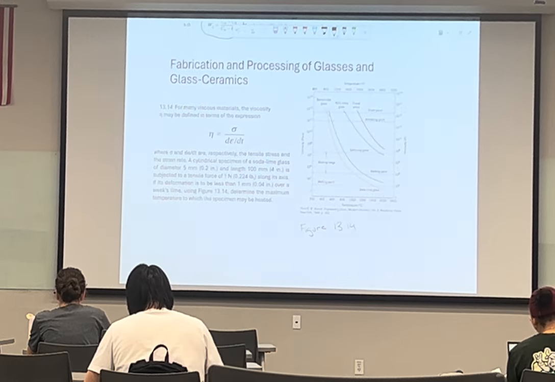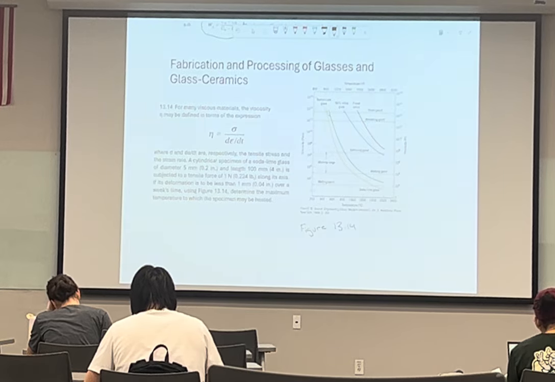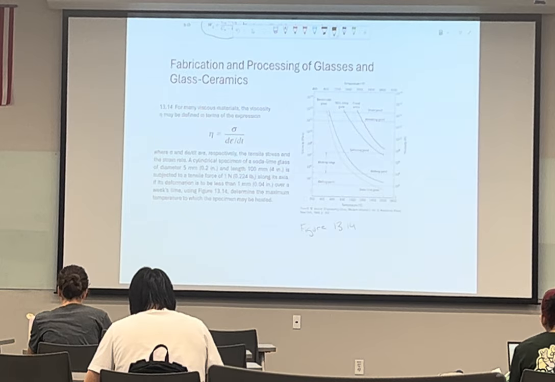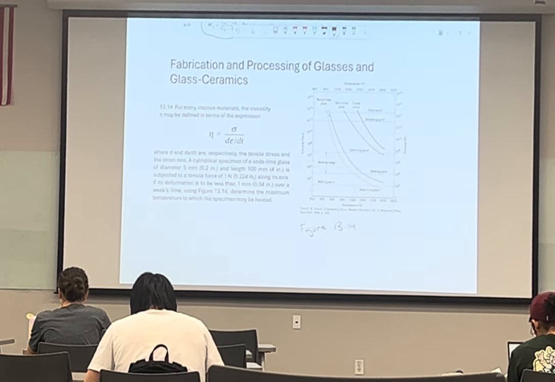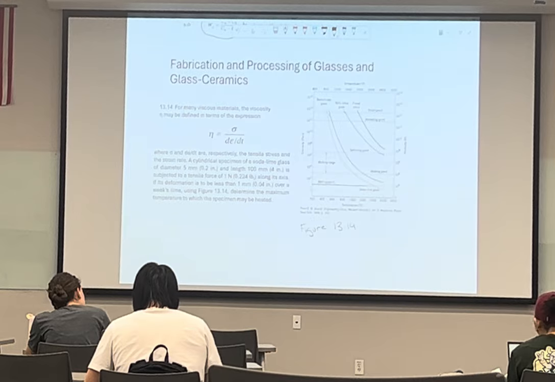So this is a logarithmic plot showing viscosity versus temperature of the borosilicate glass, fused silica, high silica, and soda lime glasses. So you have the melting point, which corresponds to the temperature at which the viscosity is about 10 pascal-seconds. So basically they're talking about this line.